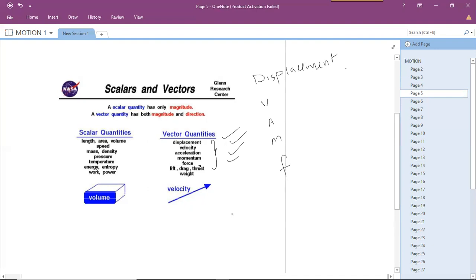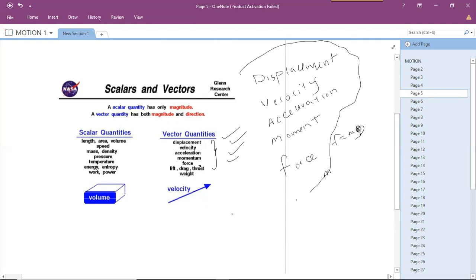Displacement, which is the distance moved in a specific direction; velocity, which is the rate of change of displacement with time; acceleration, which is the rate of change of velocity with time; momentum, which is the force applied per unit time; and also force, which is a pull or a push, and which is equal to mass times acceleration. So the acceleration in the formula for force makes it a vector quantity. So all these are examples of vector quantities.